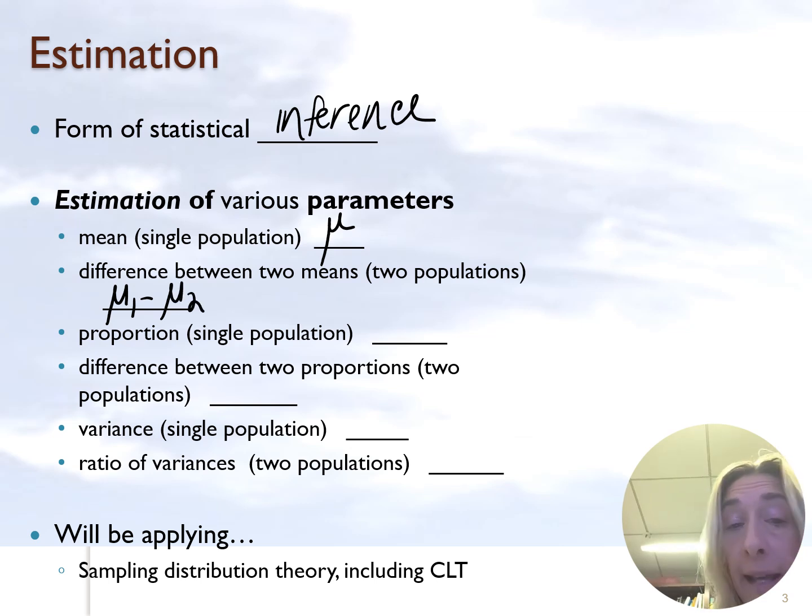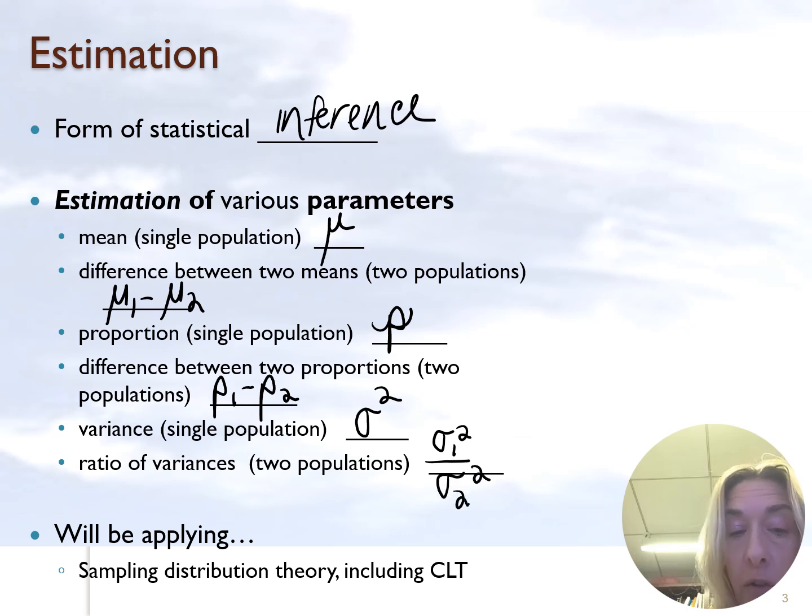We're also going to discuss how to estimate the proportion from a single population, which we denote as P, as well as the difference between two proportions from two populations, P1 minus P2. We'll discuss how to estimate the variance from a single population, as well as the ratio of two variances from two populations.